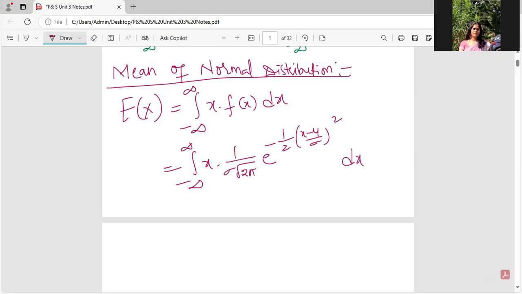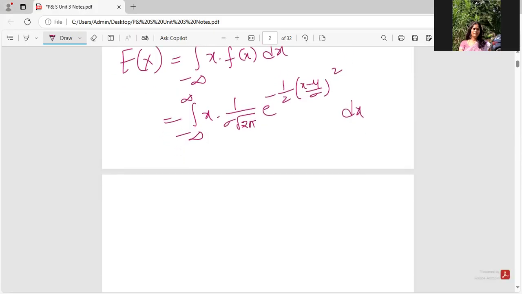dx. What I will do is I will go with the substitution. The normal variate z, the standard normal variate, z is given by x minus mu by sigma.